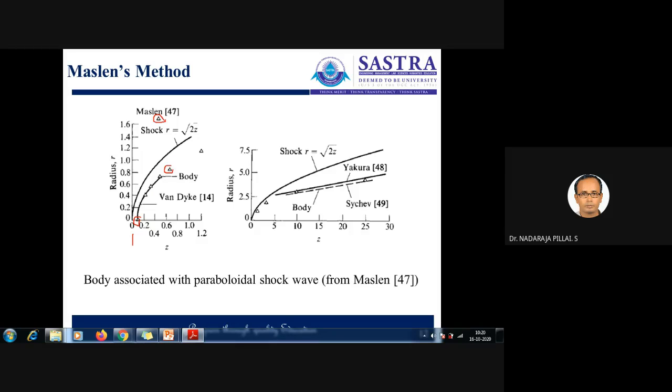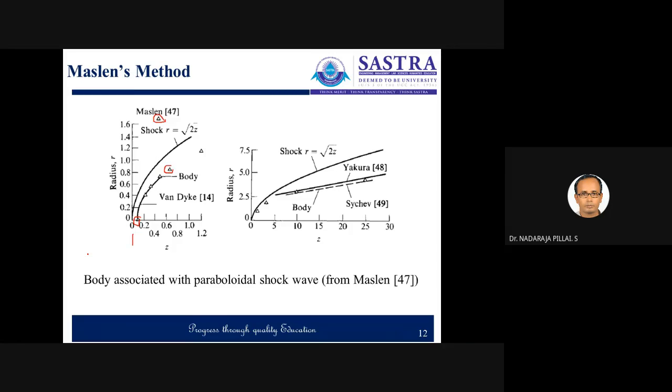So I stop at this point. Mainly, we need to remember that Maslen's method is an inverse method, and it can be used in an iterative sense to calculate the flow over a given body when the shock is assumed and the supporting body is calculated. That's all we need to remember.